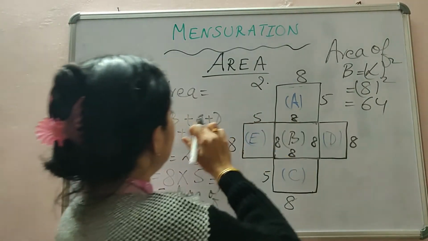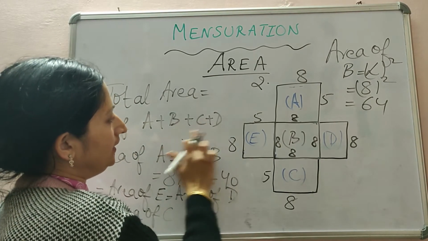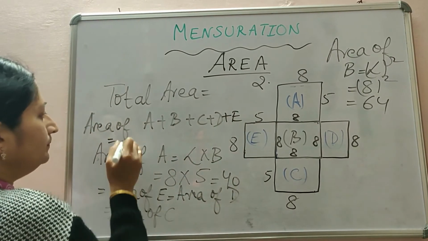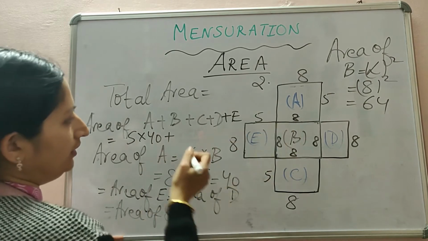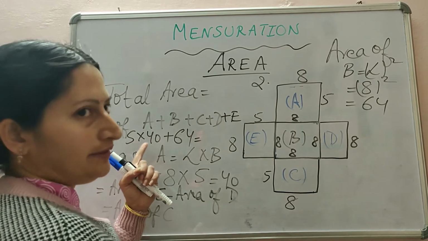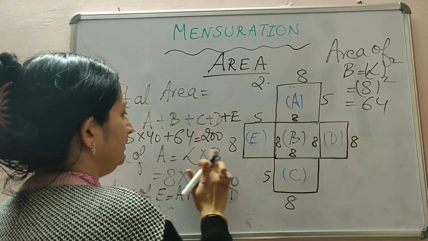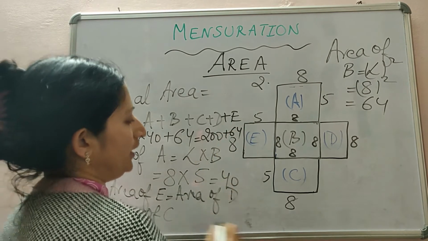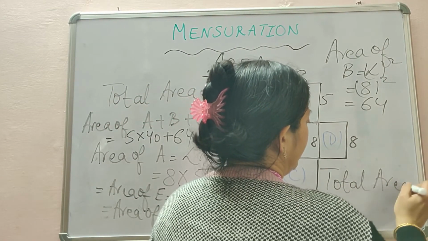Now let's calculate this total area, which is A plus B plus C plus D plus E. So it will be equal to 5 times 40 plus 64. That is 200, and then we can add 64 to this. So let me write here the total area that we are getting.